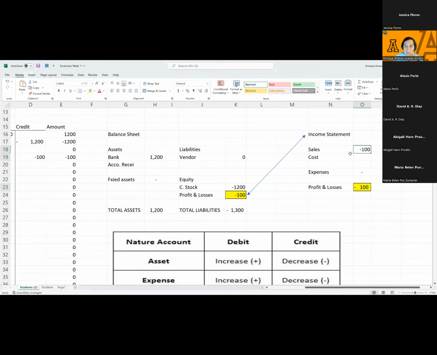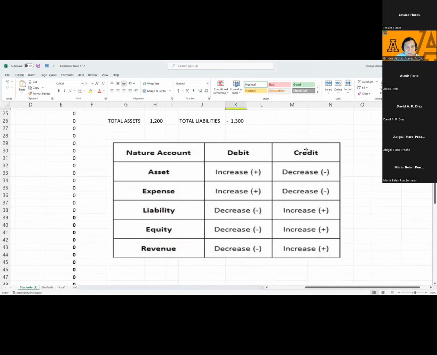We just did a sale. And as we don't have any cost and expenses, that sale turns into a profit. And that profit, we owe to the shareholder. That's a debt with them. That's why sales have a credit nature.